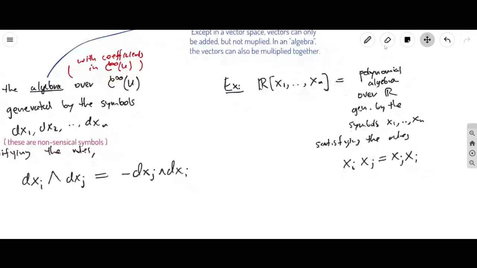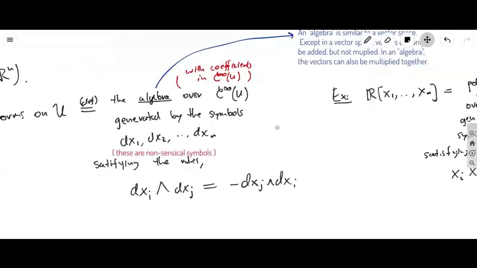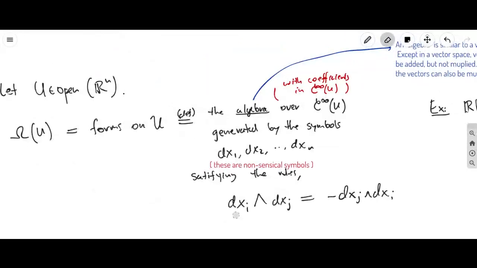So in the polynomial algebra, your symbols are commutative. So it's like a commutative algebra. Whereas when you're working with forms, this is an anti-commutative algebra.